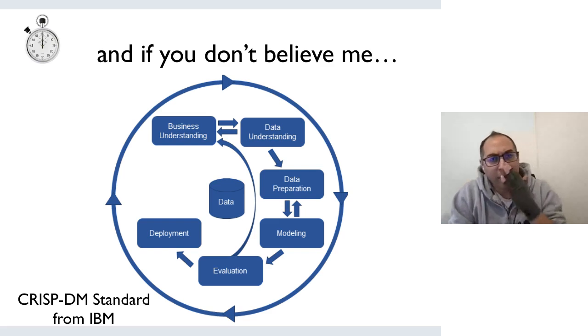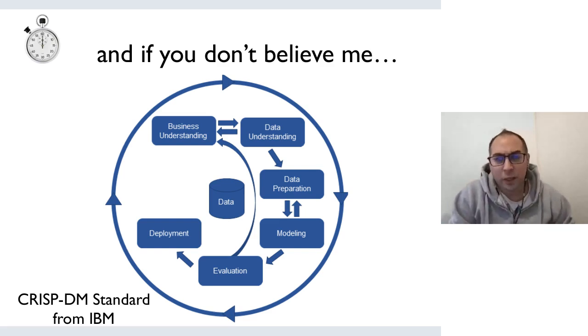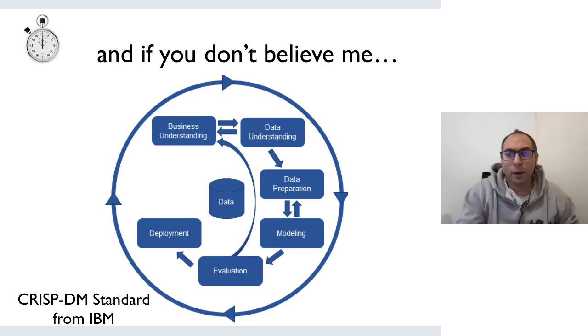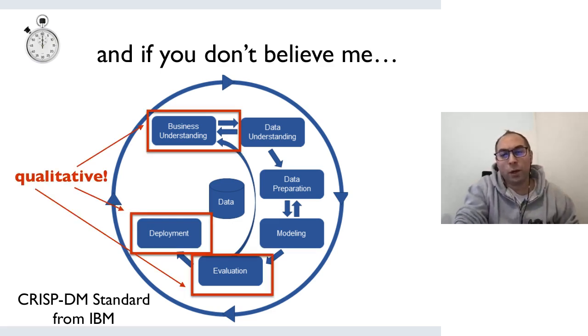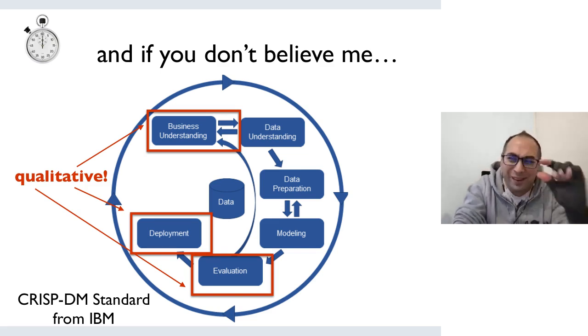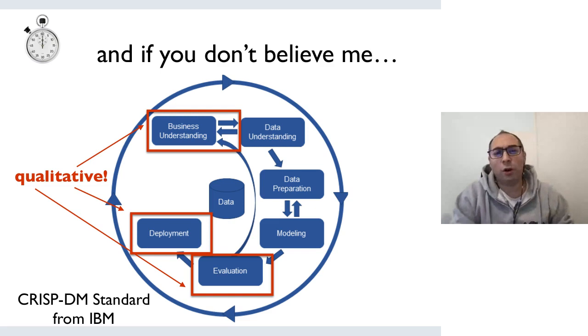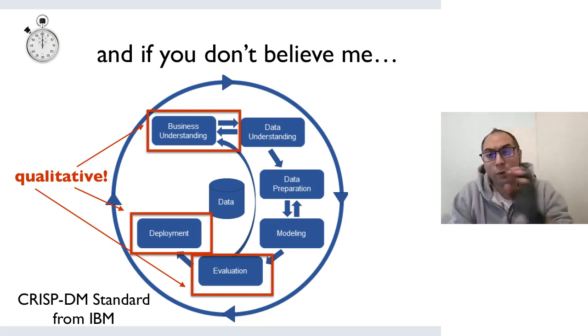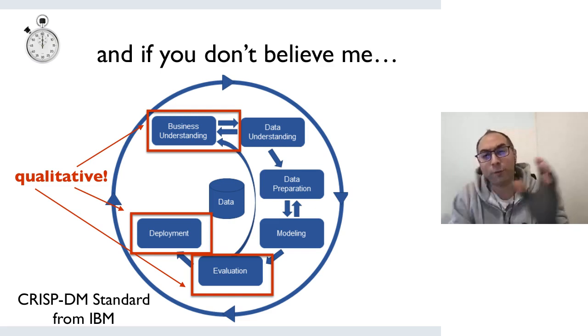It's coming from IBM, but it was agreed into a standard by as many as 150 companies all over the world. It has been a thing for like 20 years, so it's not something I'm bringing in. Although the process is really straightforward, and go figure, these phases right here have very little to do with engineering and a lot to do with qualitative empirical software engineering.